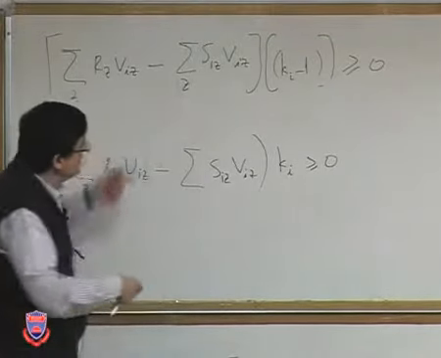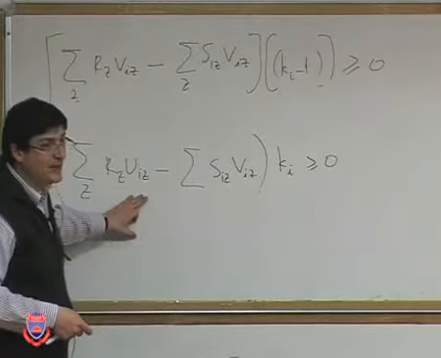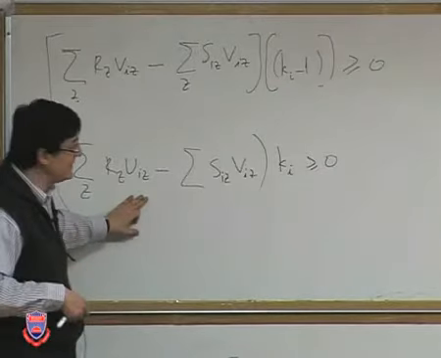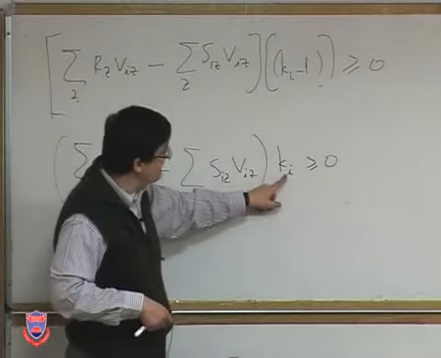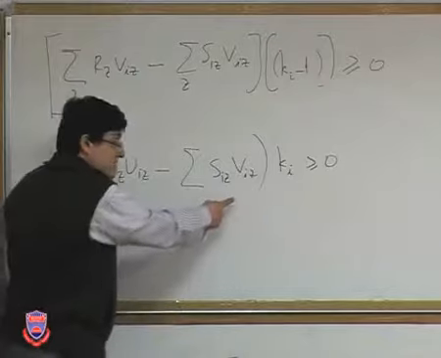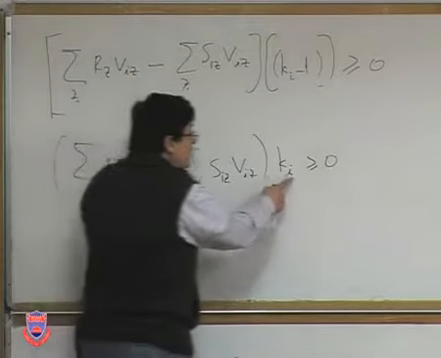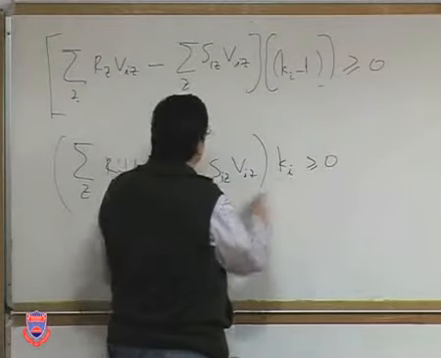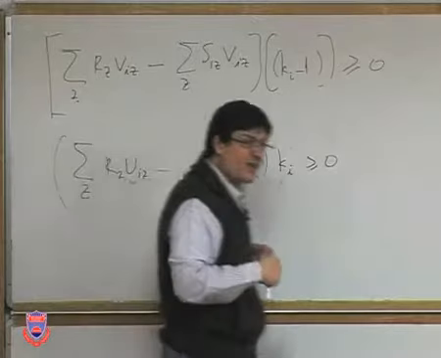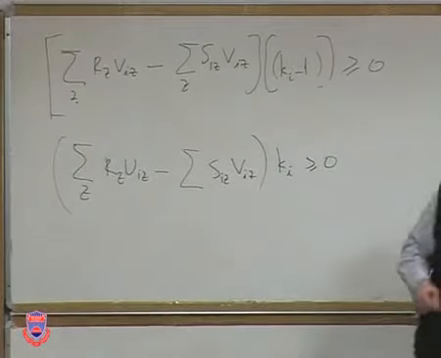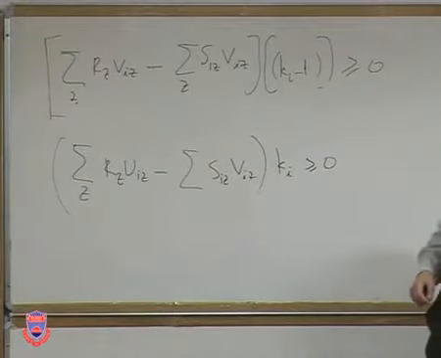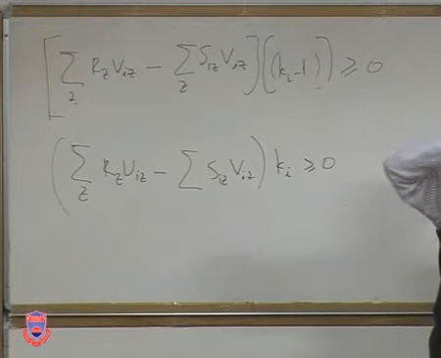So when you have both of them, Ki will always take a value of 1 if this is positive, and Ki will always take a value of 0 if this is negative. So the constraints actually work perfectly if you consider both of them at the same time.